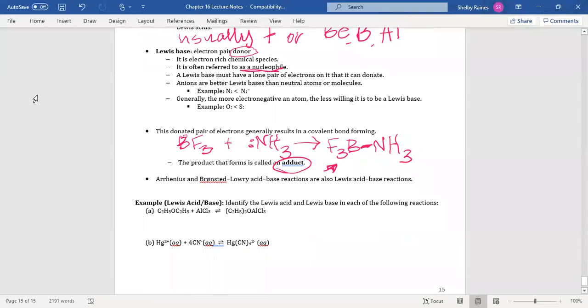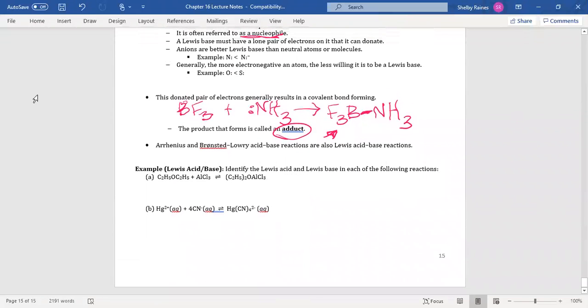Okay, so let's look at this example and we'll be done. All right, so identify the Lewis acid and Lewis base in the following reactions. A. Well, without even drawing this first species out, I look here and I see aluminum.